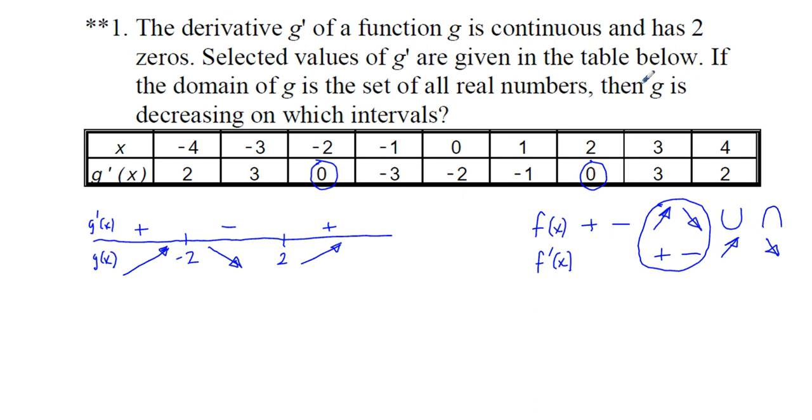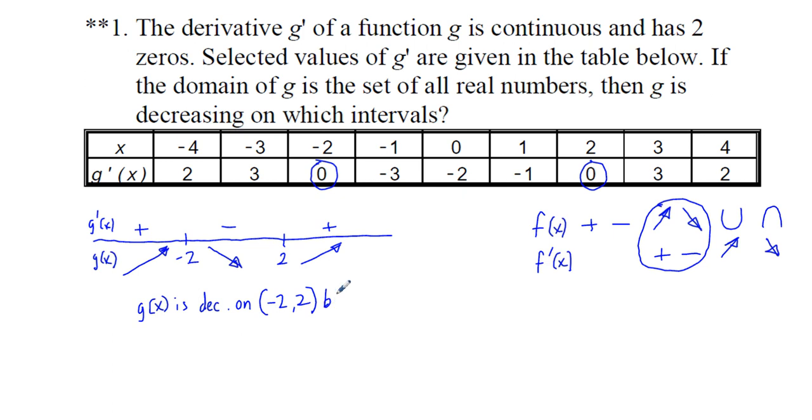And it says, then g is decreasing on which intervals? Well, g of x is decreasing on the interval from x equals -2 to 2.